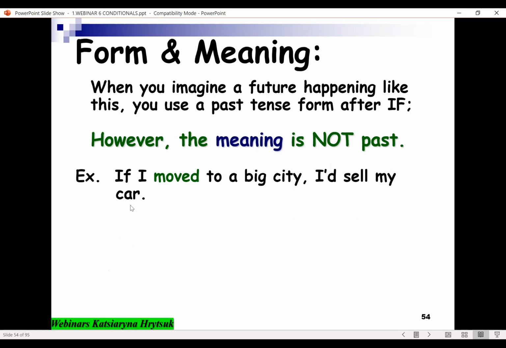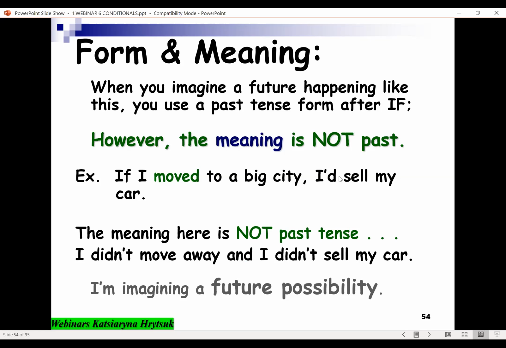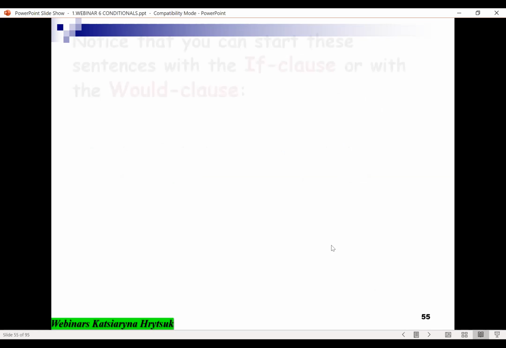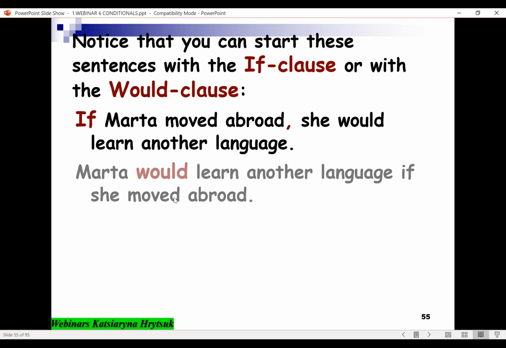If you moved now, you would sell now, but here past, here future, all together, but the meaning is present. Please, these are imaginary future possibilities. That is, I explain and I repeat again and again. That's why I want you to remember. And again, after if, past, moved, main clause, would, and the verb.